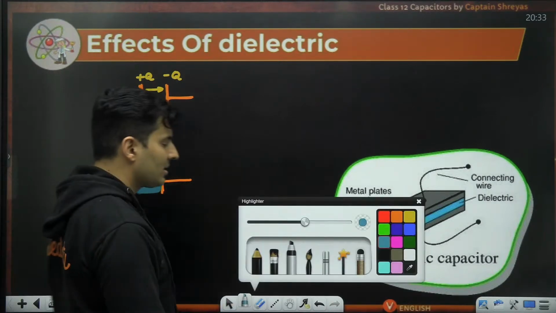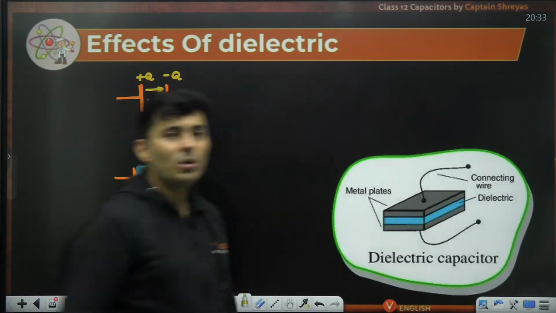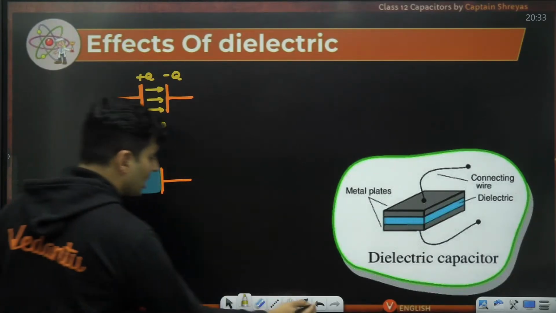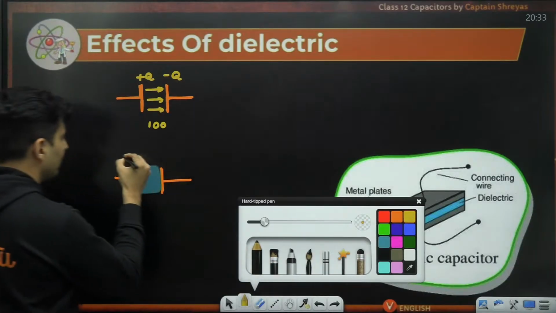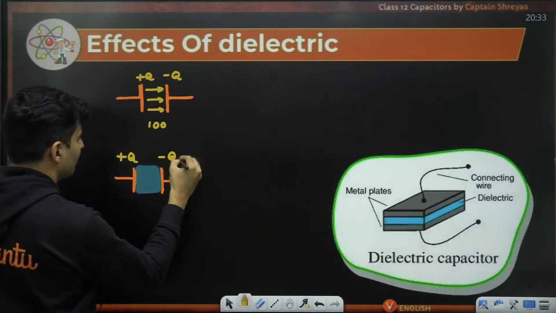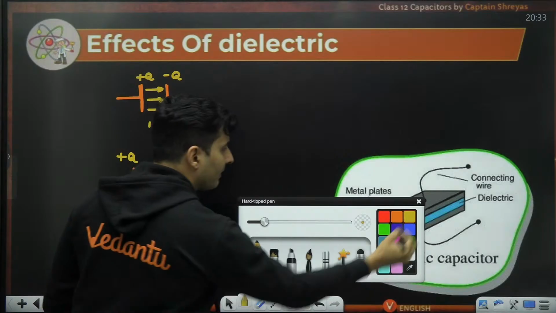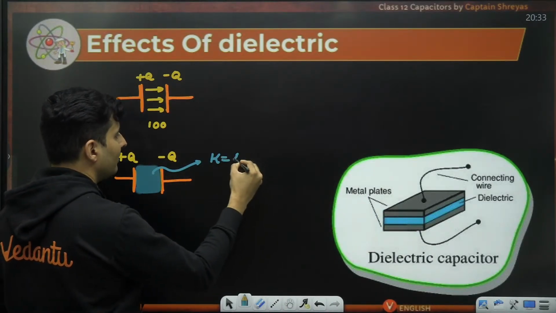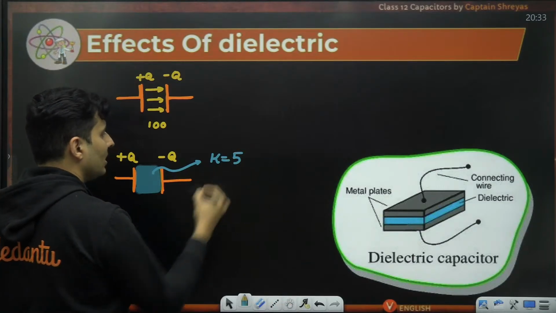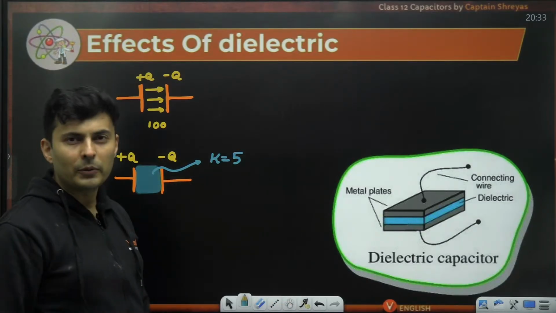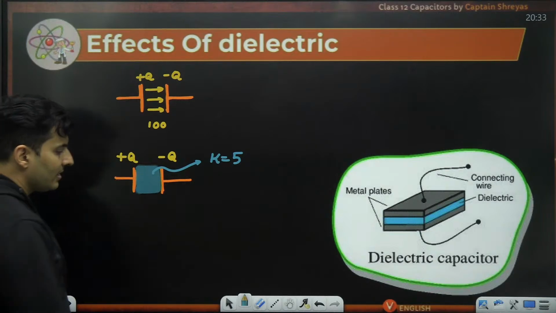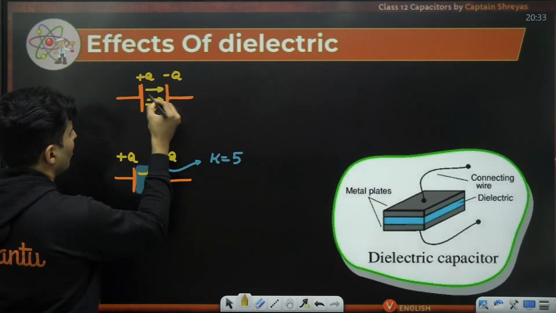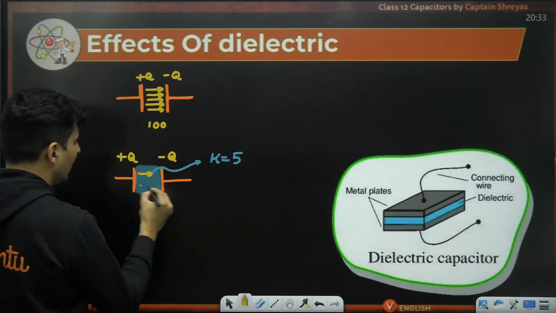Now, the moment you have a dielectric medium, if you had the same charge on that capacitor, plus q and minus q, and let's say the dielectric constant of that medium is 4 or 5, just a random value, then if the charge is the same, the electric field, which was quite strong at 100 units, will become weak.